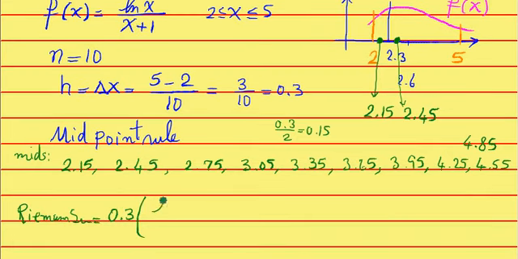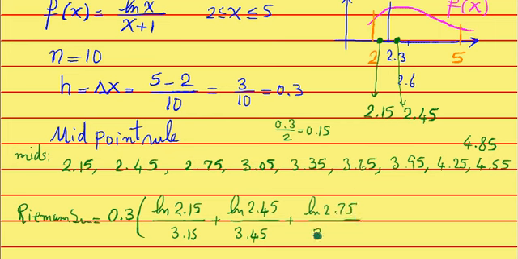So it starts by logarithm of 2.15 divided by, now we are adding 1 to any of these x's that we have. You might as well do it in your mind so that the writing here will be a little bit cleaner. 3.15. The next one is the logarithm of the next number, 2.45, and this one, just do it in your head, that's going to be 3.45, and so on. Logarithm of 2.75 over 3.75.